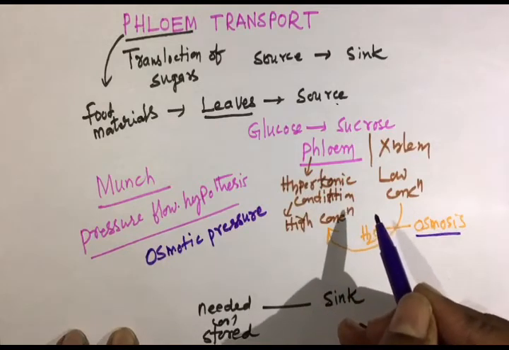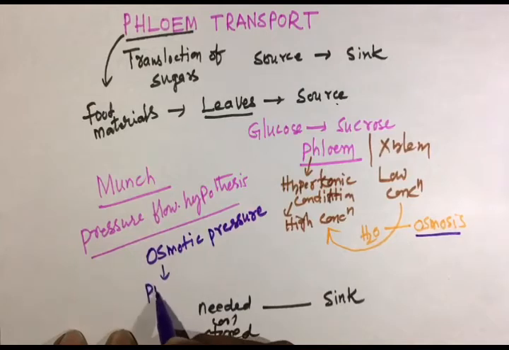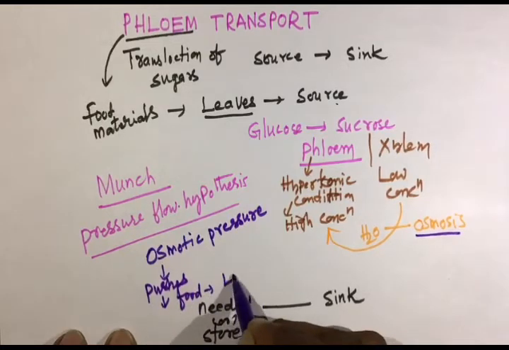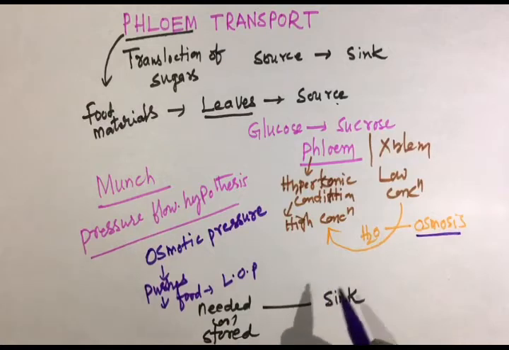That high osmotic pressure within the phloem pushes food into low osmotic pressure areas. Low osmotic pressure areas are nothing but sink areas.